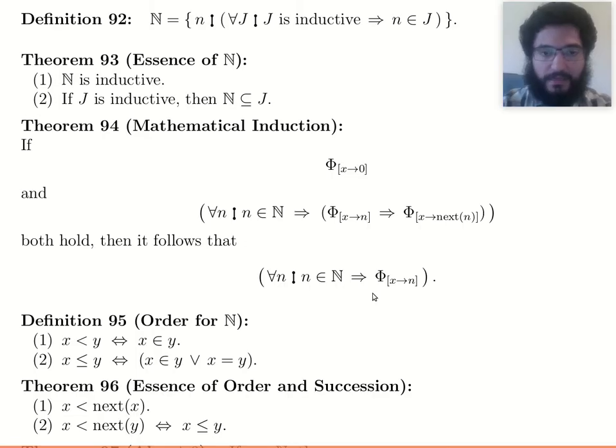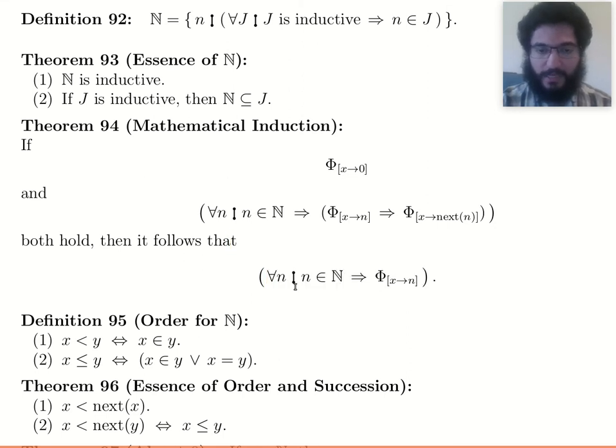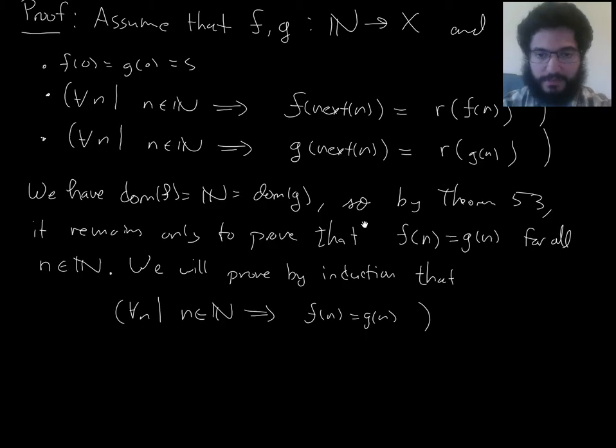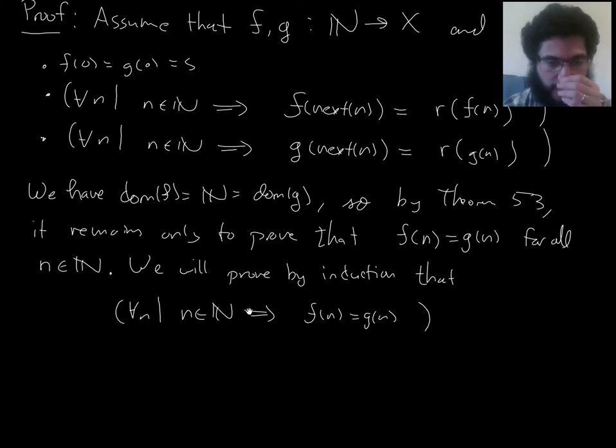So if I look down here at the statement of mathematical induction, the theorem that I'm going to use, this is the format of my desired conclusion. This is what the theorem lets me conclude at the end. And what's playing the role of phi when I apply this theorem? It's f of x equals g of x, where the x is whatever is getting replaced in different places here. So I know immediately how to structure this.